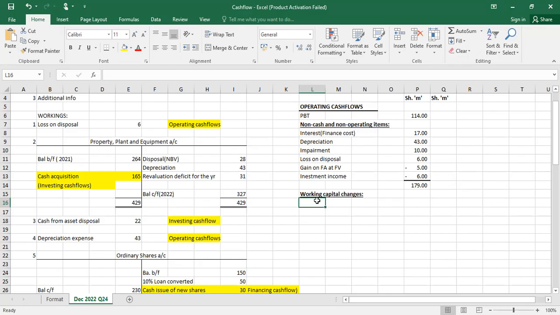Decreased. Inventory decreased. So we shall say that the change is a decrease. Decrease in what? In inventory. And the decrease is how much? 53 million.